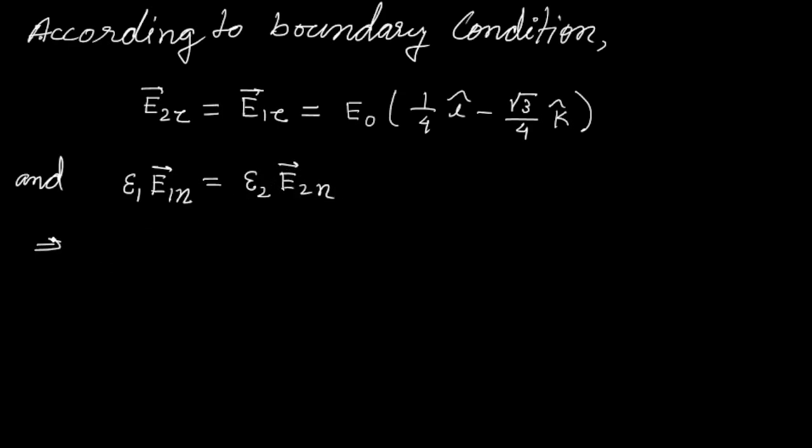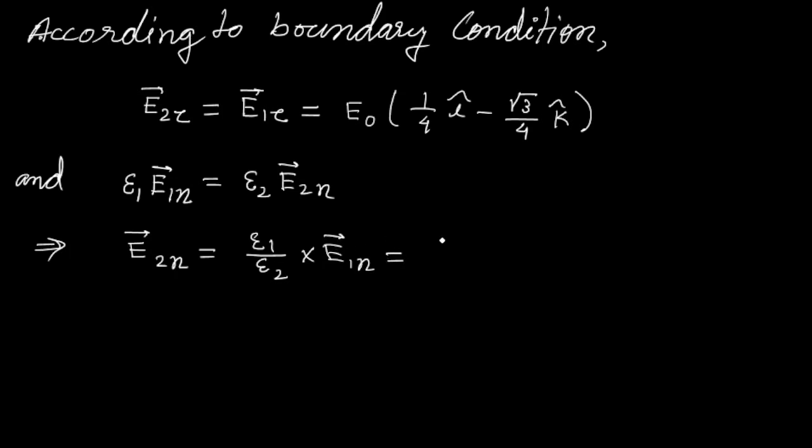We know epsilon 1 and epsilon 2, and we also know E1n. So from there we can calculate the normal component of electric field in medium 2, that is E2n is equal to epsilon 1 divided by epsilon 2 into the normal component of electric field in medium 1.